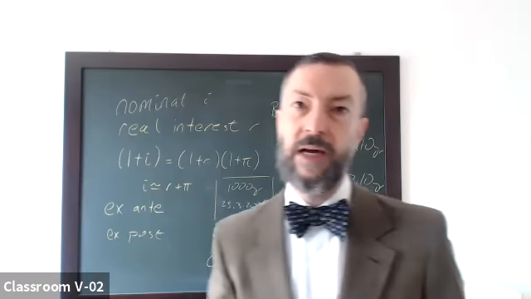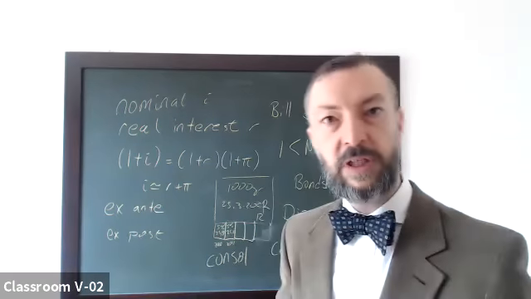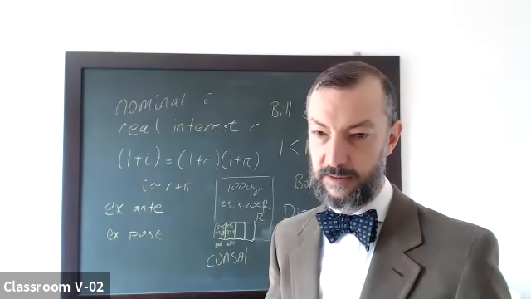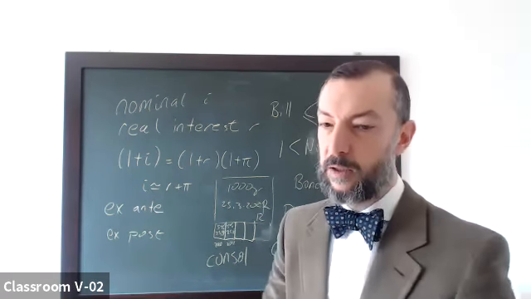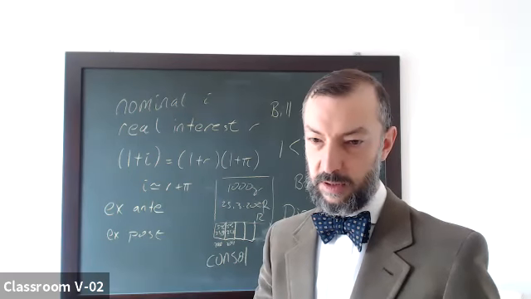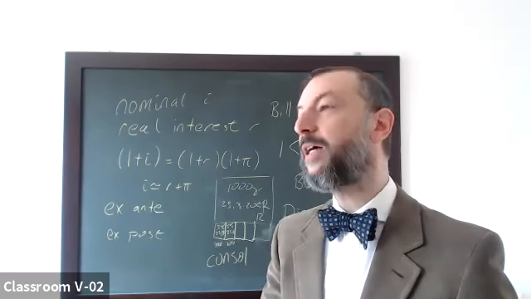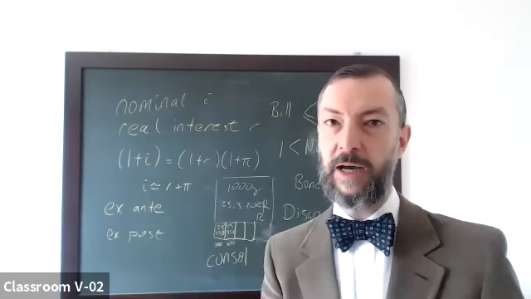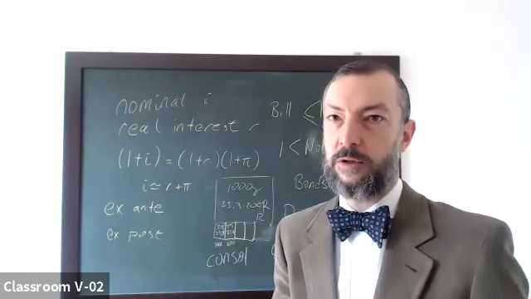Can I sell you a zero coupon bond with infinite maturity? Okay, so the few people who said, yes, I would like to sell you my infinite maturity discount bonds.